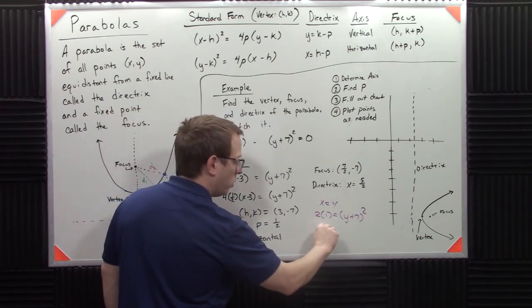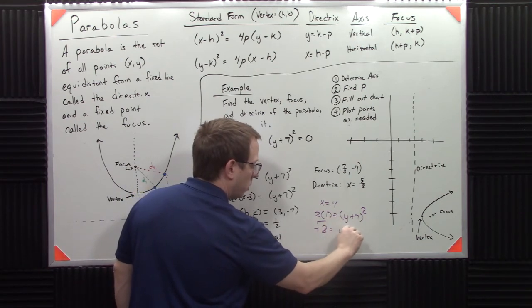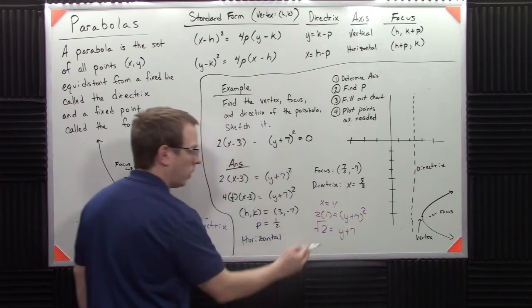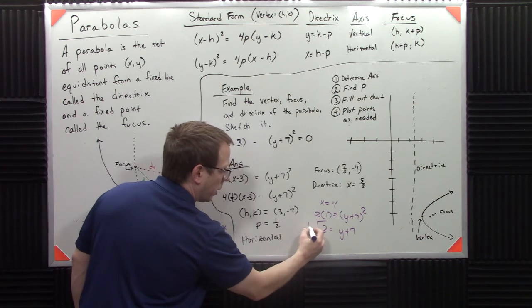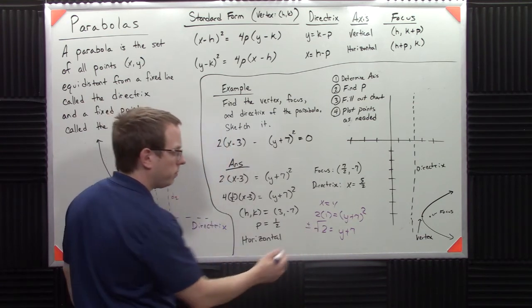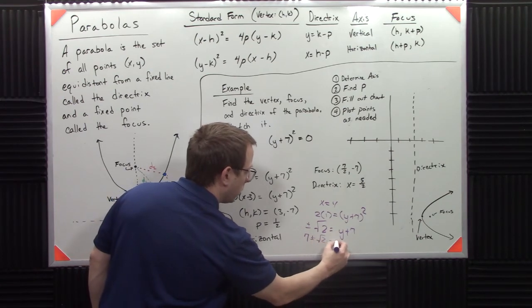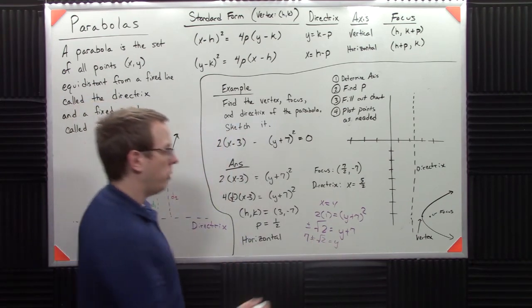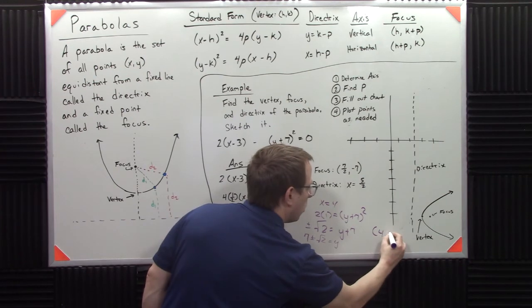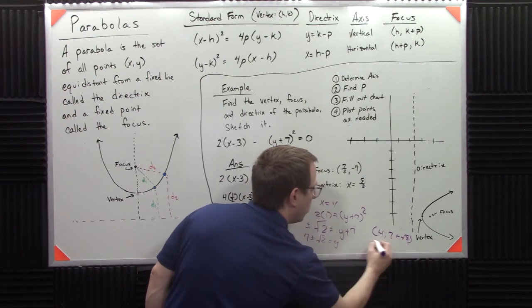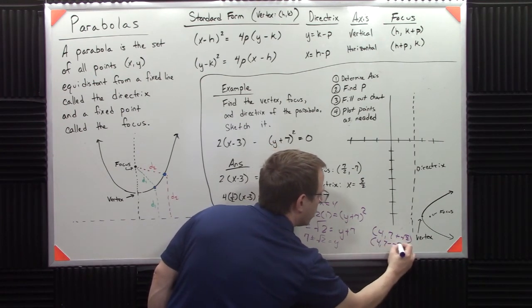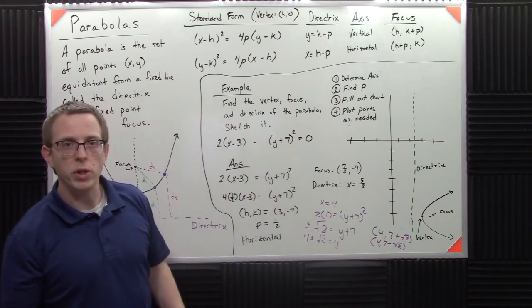So 2, square root of 2 is y plus 7. And then really you kind of get that plus or minus situation here. And so 7 plus or minus square root of 2 is equal to y. So your points are going to be 4, 7 plus square root of 2, 4, 7 minus square root of 2. And those would be points you would plot.